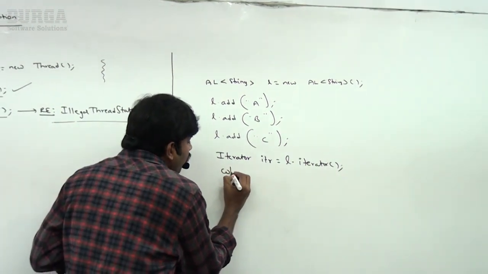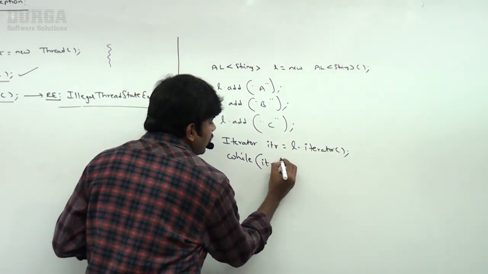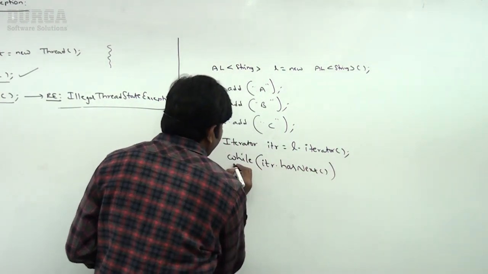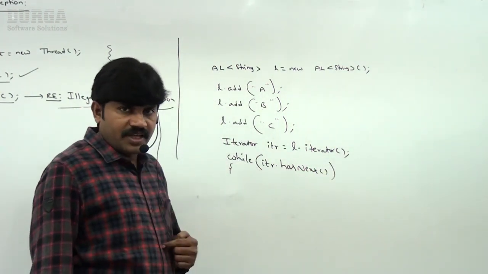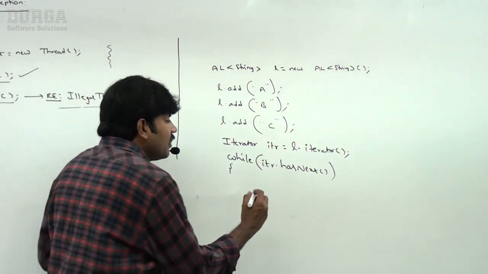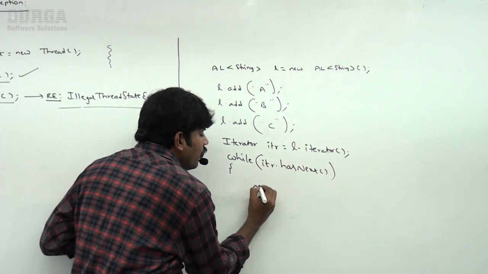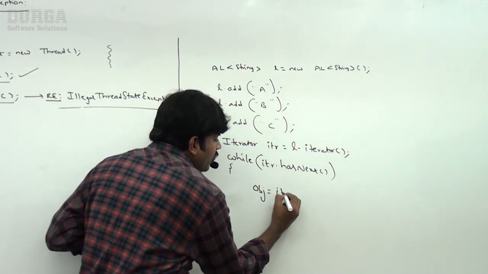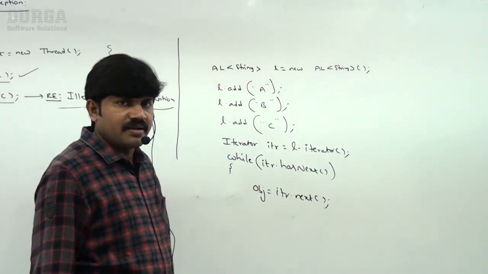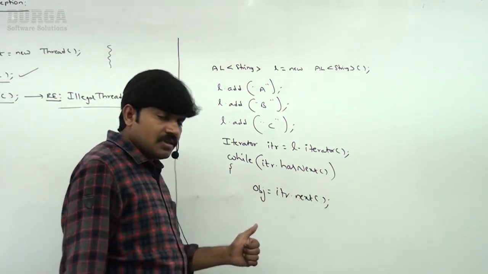Next, while itr.hasNext(): sir, if the next element is available, can you please get that next element? Like, sir, Object obj = itr.next(). Now I got the object.